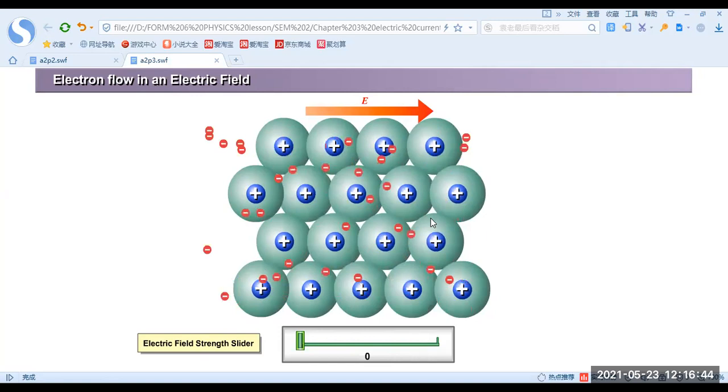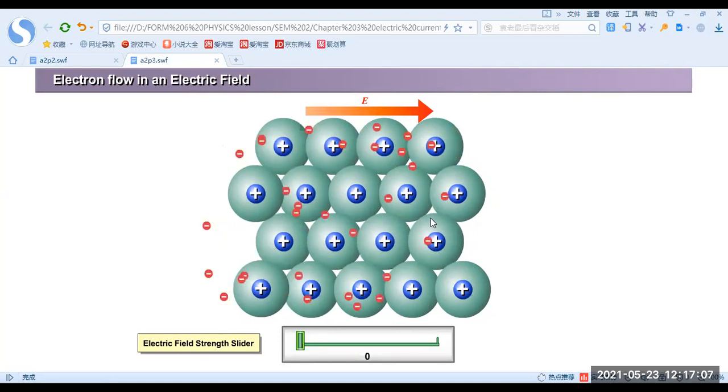The electrons now move in an orderly way. The electrons now do not move randomly or freely. The electrons now flow. The electrons move due to the electric field.